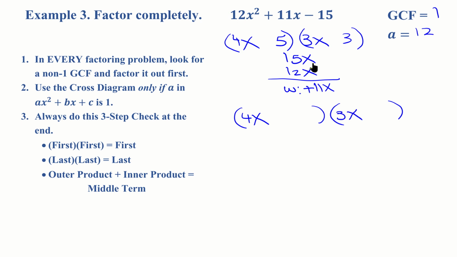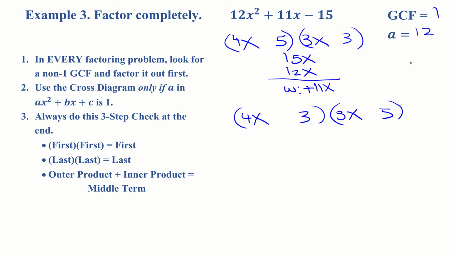And this time, instead of putting 5 here and 3 here, we'll try 3 here and 5 there before we decide to give up on the 3-5 pair, okay? So we'll put 3 here and 5 there. And now we'll go ahead and try to see if we can get the 11x.